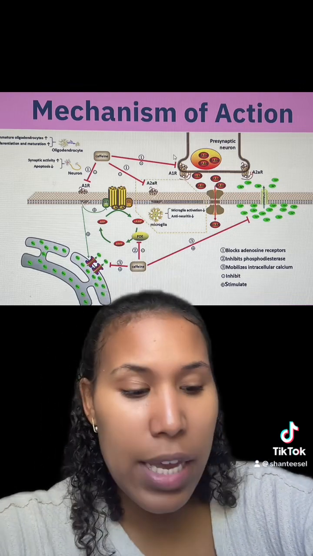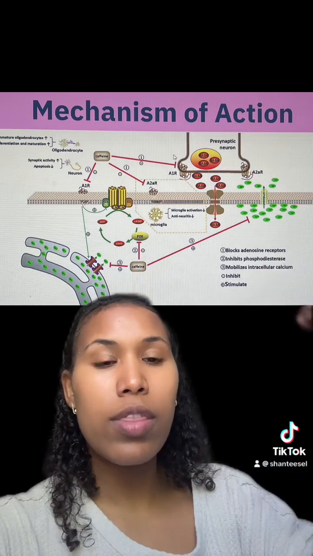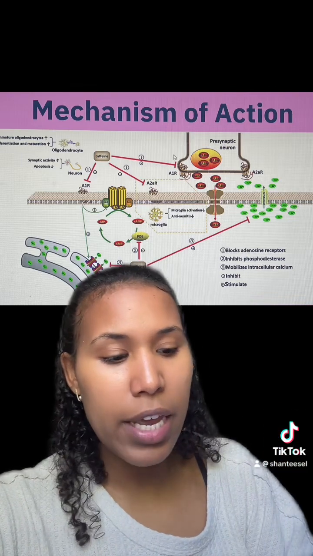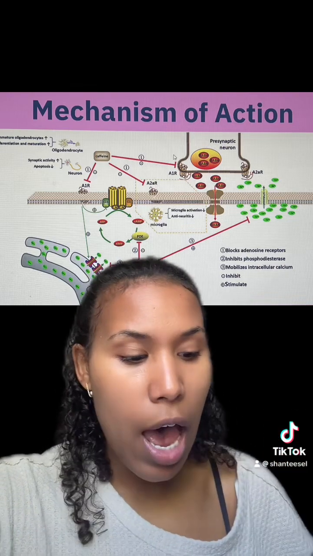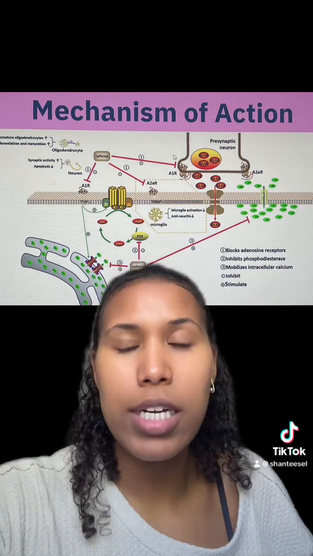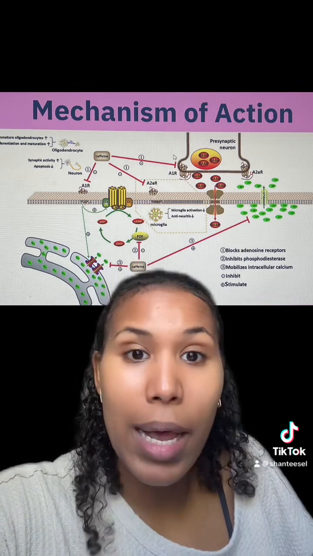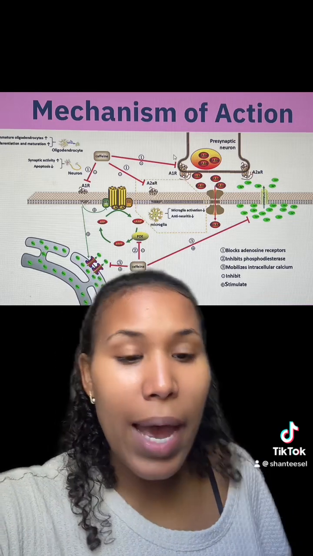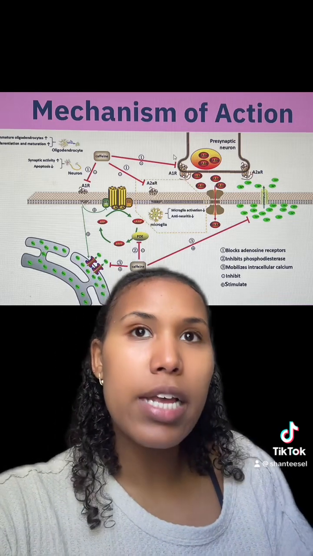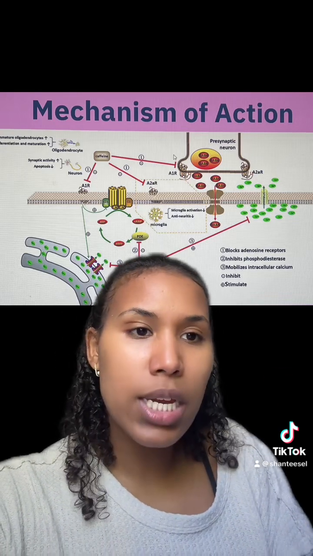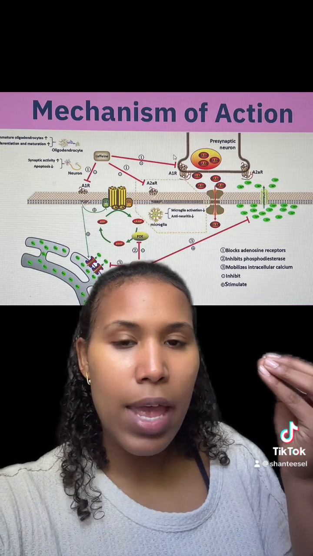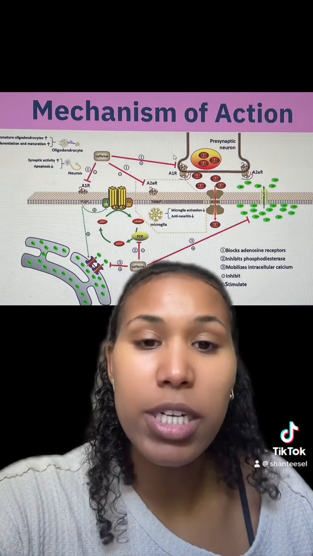So caffeine allows this intracellular calcium to be released from intracellular stores such as the sarcoplasmic reticulum. By doing this, it aids in muscle contraction and also synaptic transmission as well.